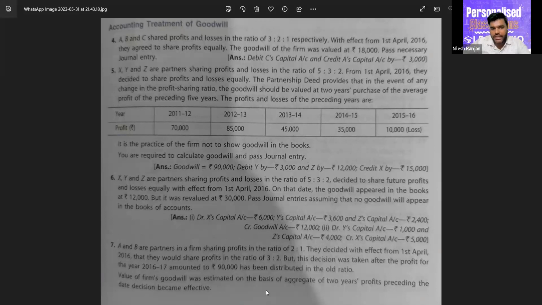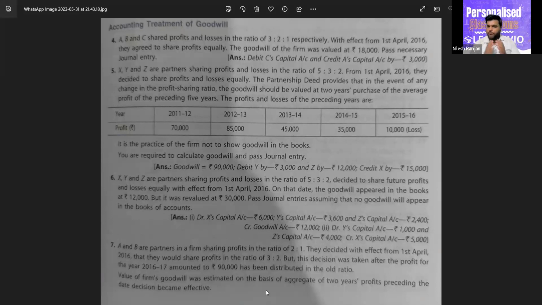Why are we not taking 2016-17? Because they mention preceding years before the decision became effective. Yes, we have to take the preceding 2 years profit, so we will not take 2016-17 profit. We will use 14-15 and 15-16.